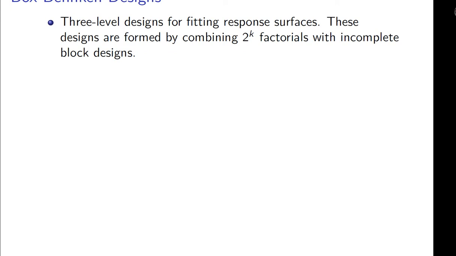So Box-Behnken are a variation of this addition of axial runs to a fractional design. But rather than starting with a fraction and adding a complete set of axial runs, you start with a fractional design and you add to that an incomplete block design.